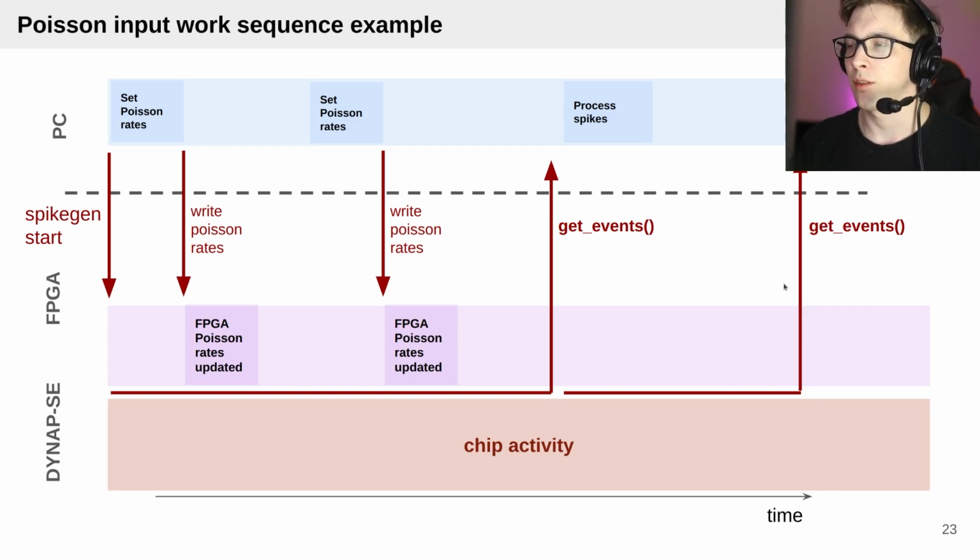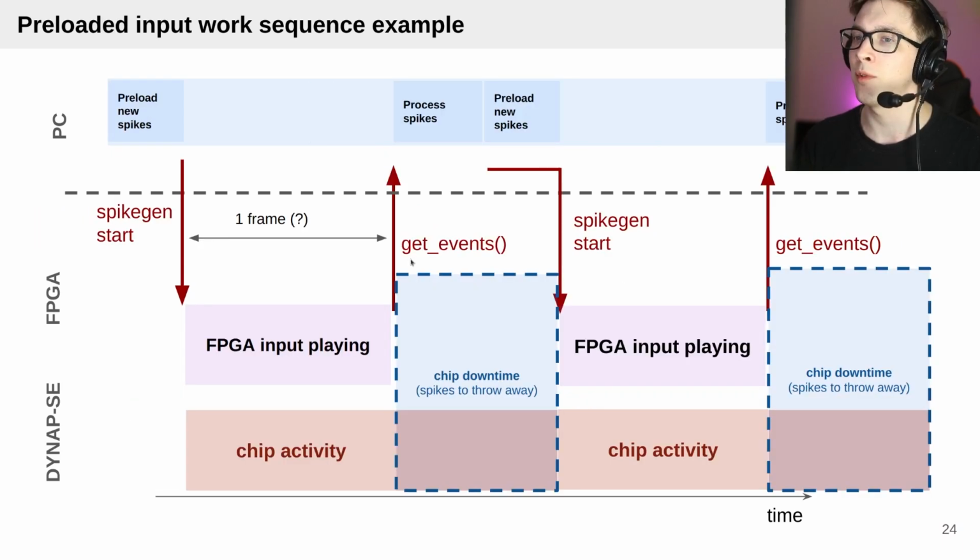So this is the general framework. You can either have it like this, where you specify yourself some moments in time when you send inputs and when you change things. Or if you are training something in a more traditional machine learning philosophy where you have frames, then it would look something like this, where you preload something, you let it play, you record the chip activity, you record the response, you process that, then you make some decisions on changing the parameters, then you preload the new sequence, the new frame, then it plays again, and so on.